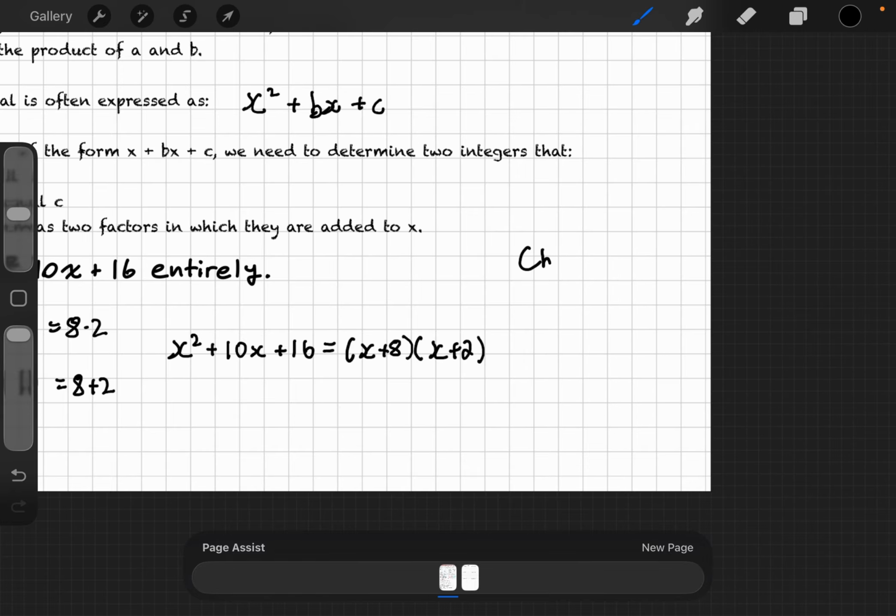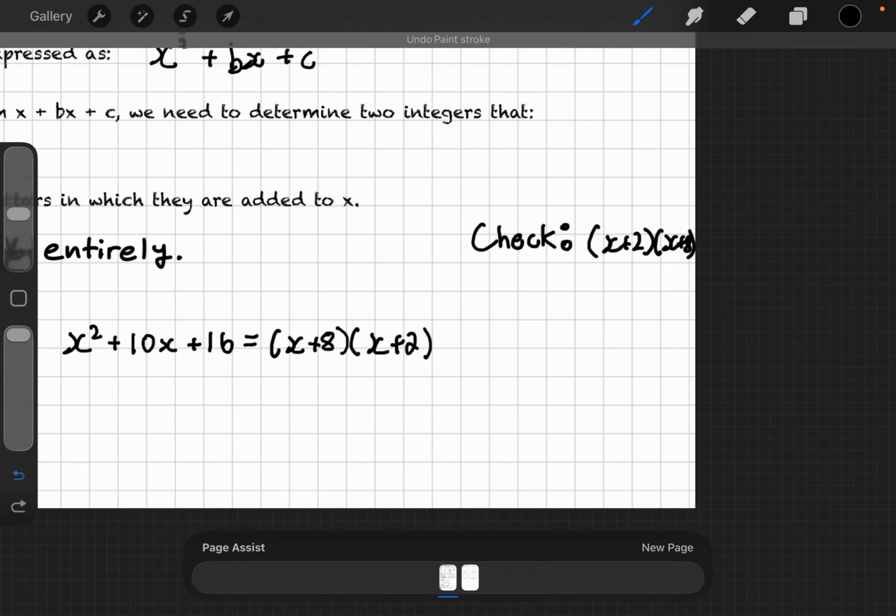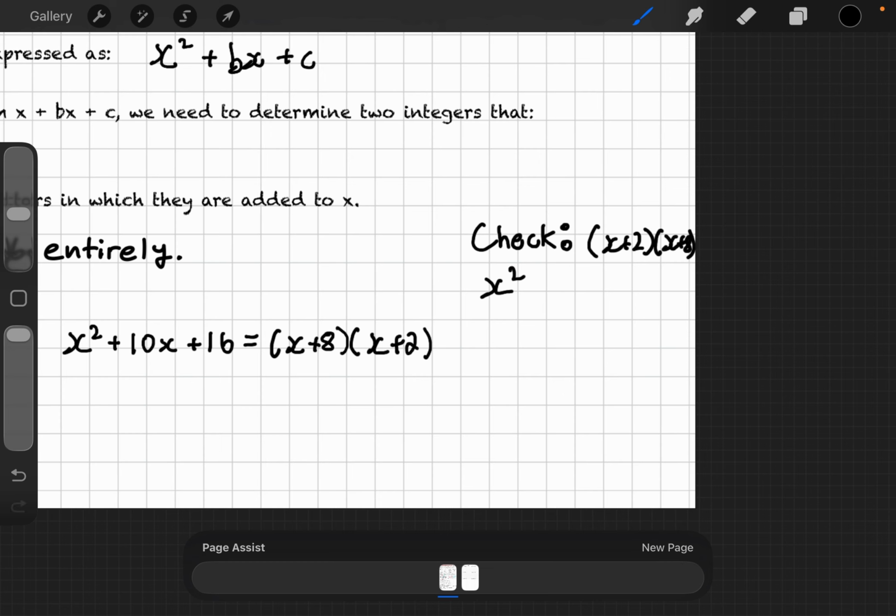So let's check if this method works. x plus 2 times x plus 8. Well, I'm running out of space here. All right, so let's apply the FOIL method. X times x is going to be x squared. And then outer, x times 8, plus 8x.